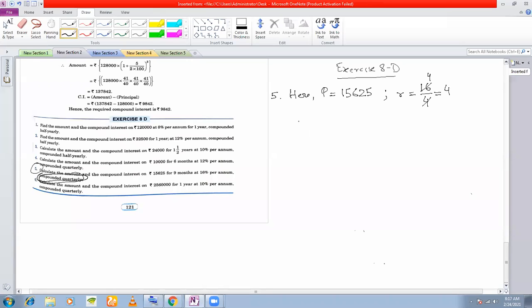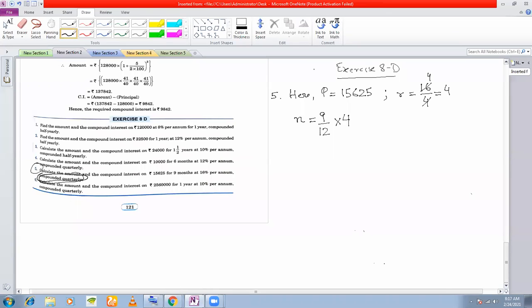This is 4. And n here is 9 months. But for 9 months, you always express n in years. So 9 months, if you want to express in years, it must be 9 by 12. You have expressed this in years, but the interest has been compounded quarterly also, so you must multiply that time by 4. Is this step clear? Or does anyone have anything to ask?